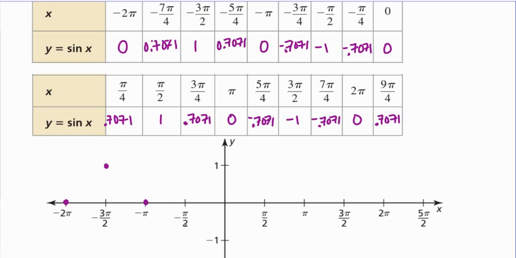My next value is negative pi over 2, so I go to my table, y is negative 1, that's going to be down here. My next value right here is when x is 0. So when x is 0, sine of 0 is 0. My next value here, x is pi over 2, so my table says the y value is 1. My next value here is pi. I go to my table and it says that the y value is 0.